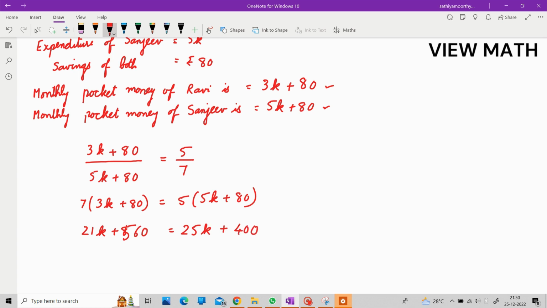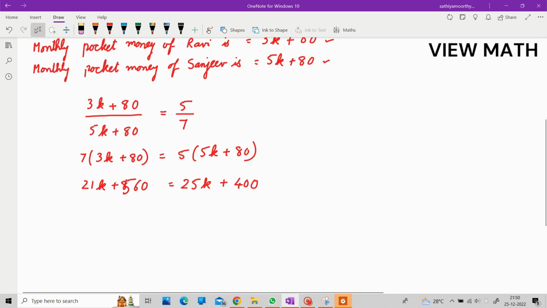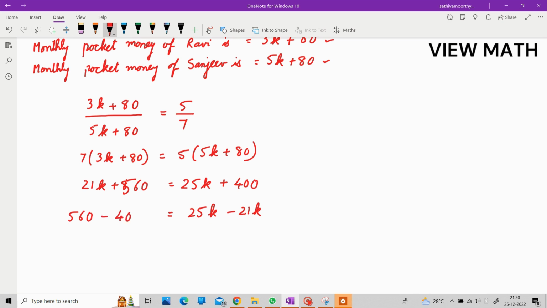Let me take the k terms to one side and the numericals to the other side. I can take 25k. Let me bring this 21k to the other side. It becomes minus 21k. In the left hand side 560. Let me bring this 400 to the other side. It becomes minus 400. So this is equal to 160 is equal to 4k.